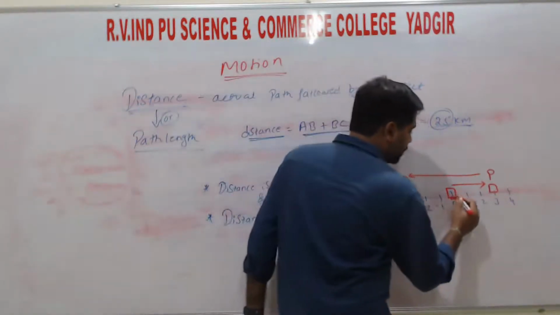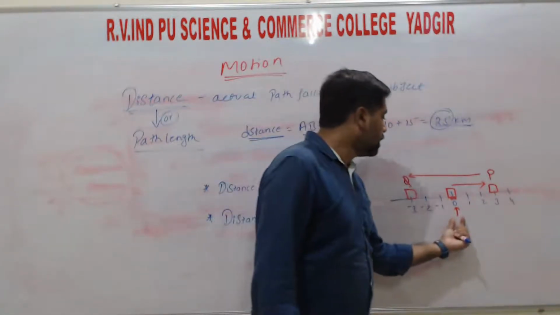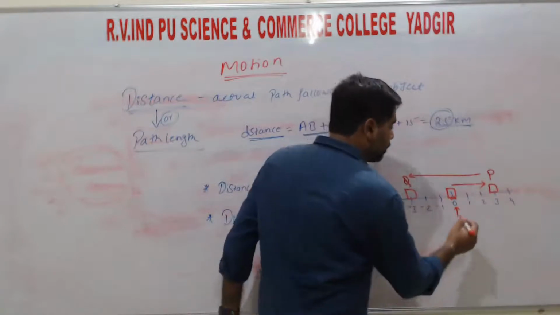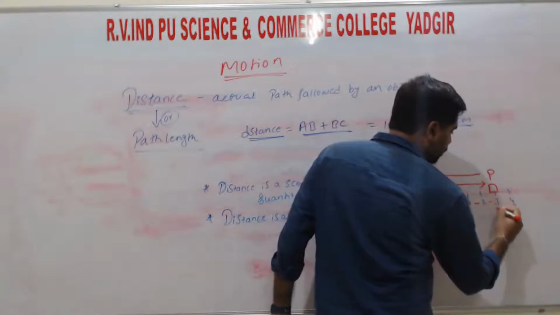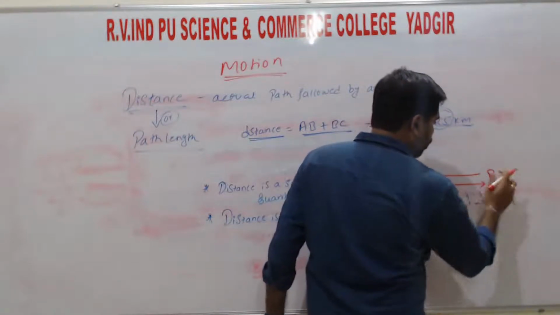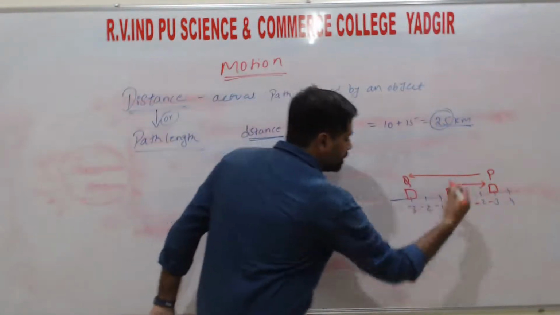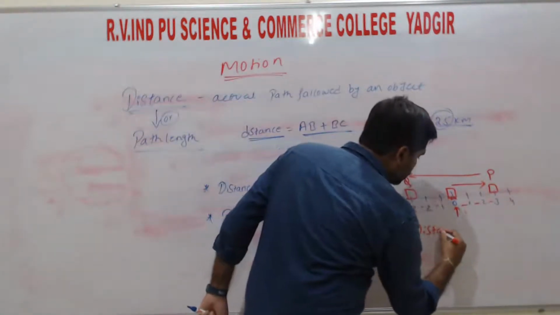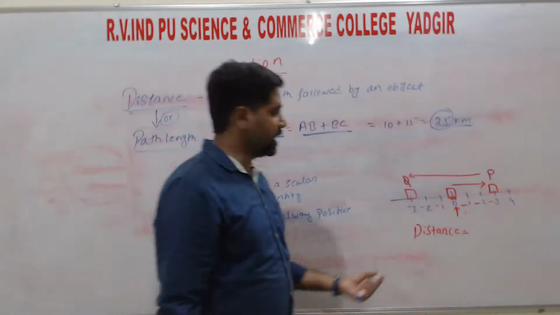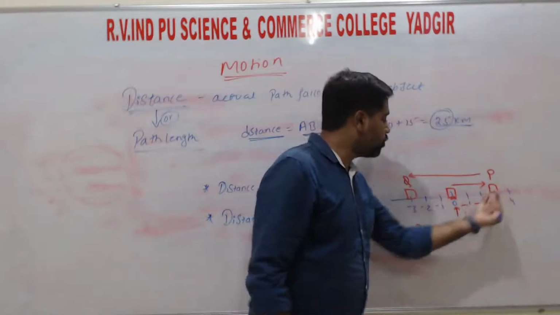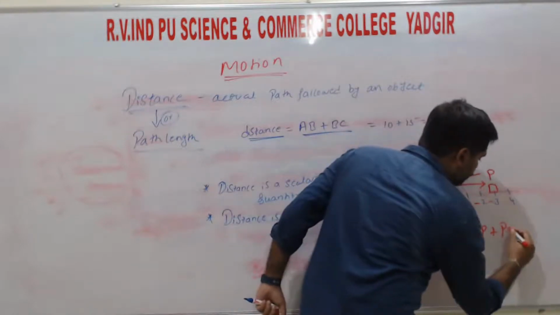Now observe here, the starting point is O, then how much distance is covered? Here 0 to 1, 1, here it is 1 and here it is 1. So the distance covered from O to P, right? In this we need to measure the distance. So distance is the actual path followed by an object, right? So the actual path is from O to P plus P to Q, right?